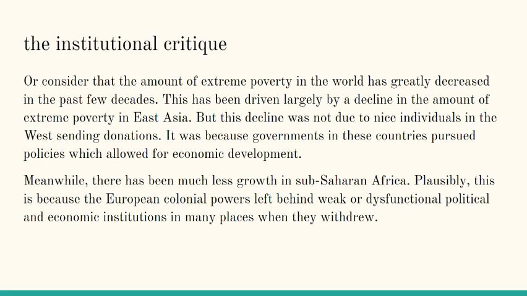Why did that happen? Well, that wasn't because nice people in the West sent donations to China or something. It was because the governments in those countries pursued certain policies that led to a lot of economic development. Sometimes Western governments didn't want them to, actually. There's a little book I cite about this in the chapter. But they did, and it led to a lot of economic development.